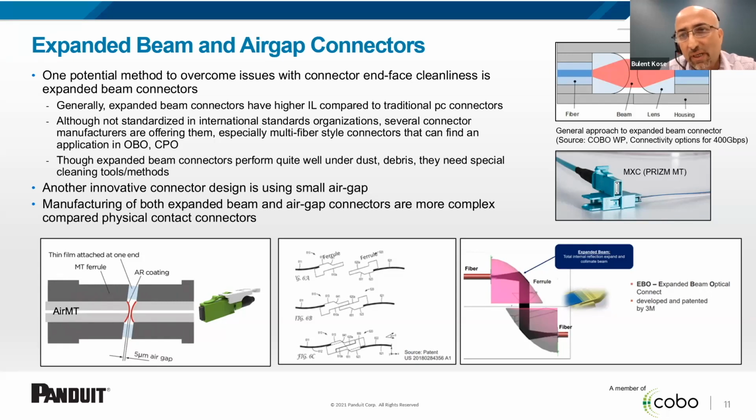But right now, there are a couple of companies that are developing these, and although these are not standardized, they are being offered, and they could be used for onboard optics and CPU applications, especially for the connectors on the board, because of the area, and because there are really no standards for those connectors there.